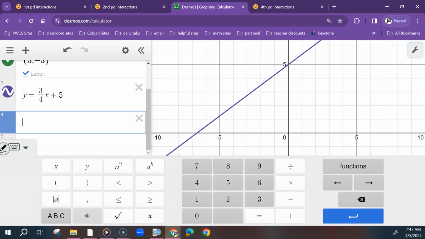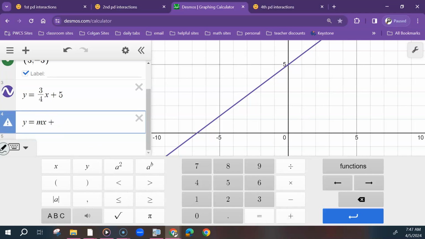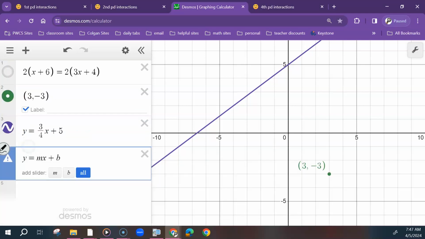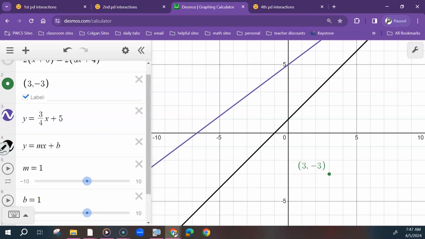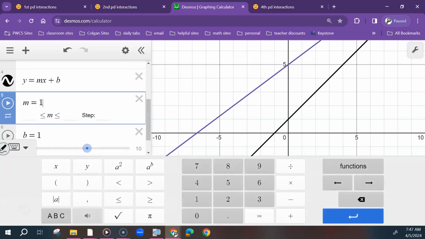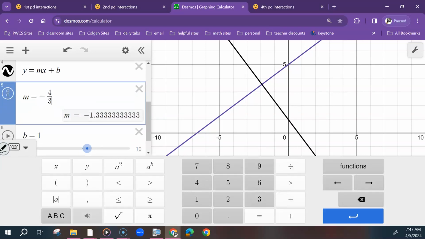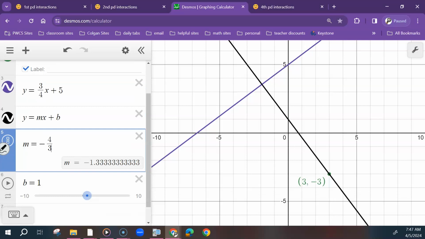But I need my y equals mx plus b. Add in my sliders, change my m to that perpendicular slope, negative 4 over 3. And then I was going to say move the b until it goes through there, but it happens to be there at 1.